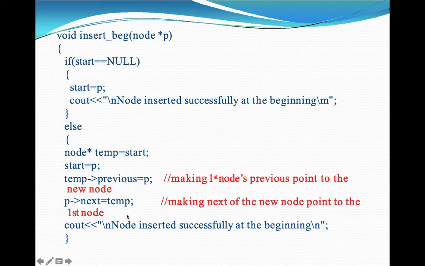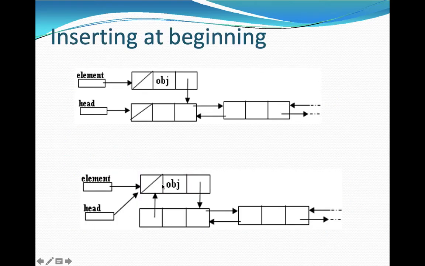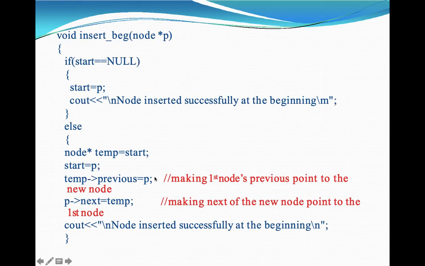Temp is actually representing the current one. So current previous is pointing to the new node that I told you, isn't it? And next of the new node is pointing to the current node. Clear? Yes, sir.